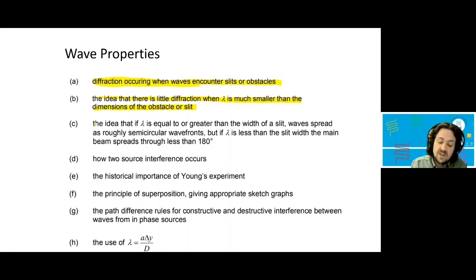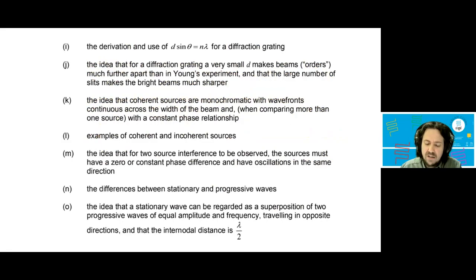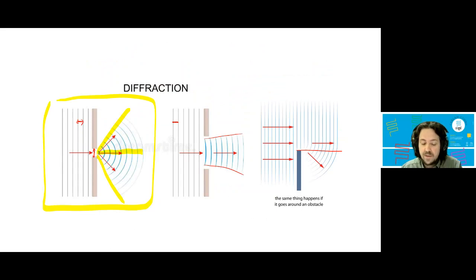And then we've just covered this as well, the idea that if lambda is equal to or greater than the width of the slit, waves will spread as roughly semicircular wavefronts. But if lambda is less than the slit width, the main beam spreads through less than 180 degrees. So really, we just covered those situations there. All right.